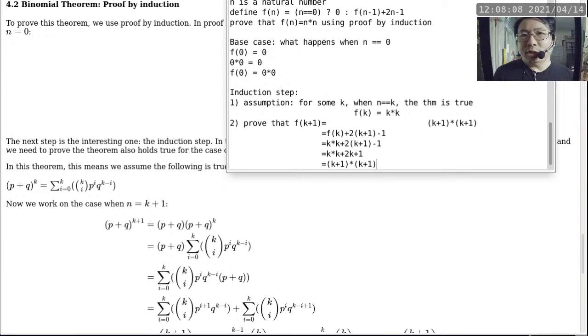We are now done with this proof, because we have taken the original form of f of k plus 1 all the way to the form that we want to see, which is k plus 1 times k plus 1. So we are done with the induction step. Combined with the base case, now we have proven the original theorem. That is proved by induction.